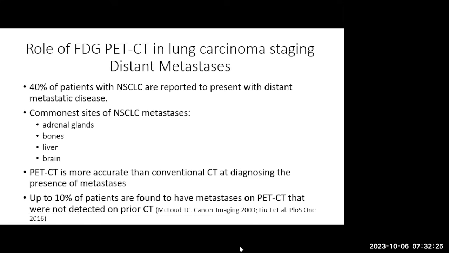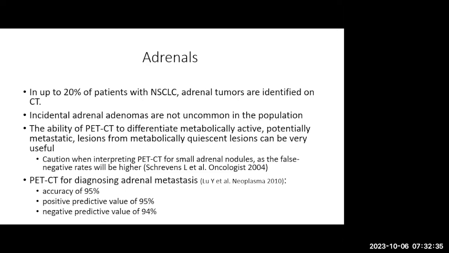Up to 10% of patients are found to have metastases on FDG PET that were not previously detected on a CT. I want to make sure we're not trying to replace a CT. Of course not. We complement each other, and that's the beauty of it.